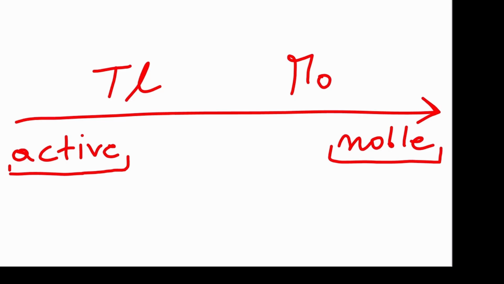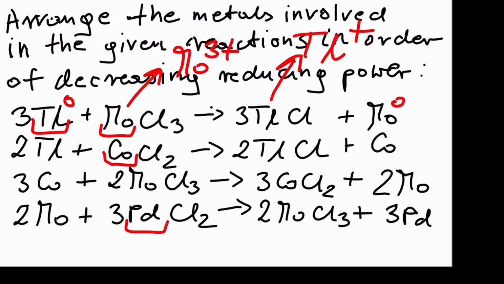Okay, let's check the second reaction. We have thallium with the cobalt chloride. The same situation: thallium is oxidized to the cation with the charge equal to +1, while the cobalt is reduced to the metallic state.